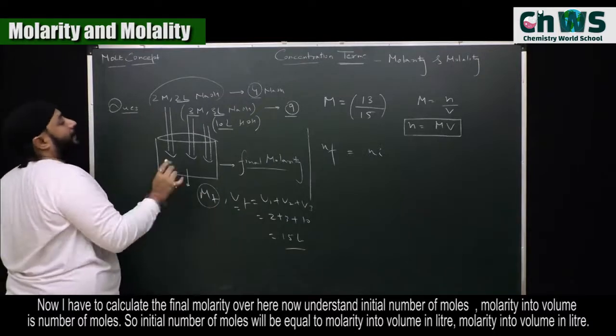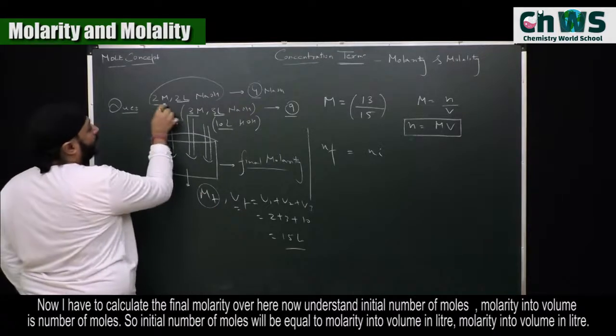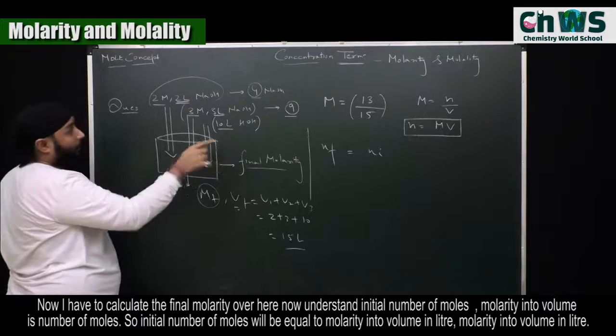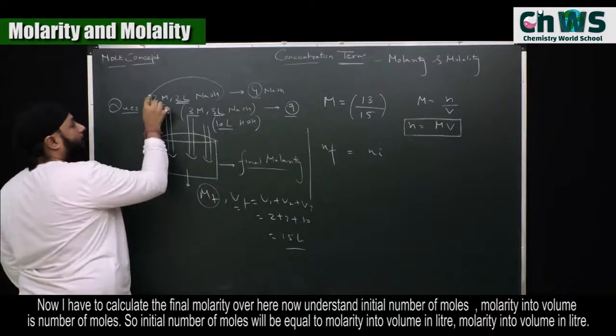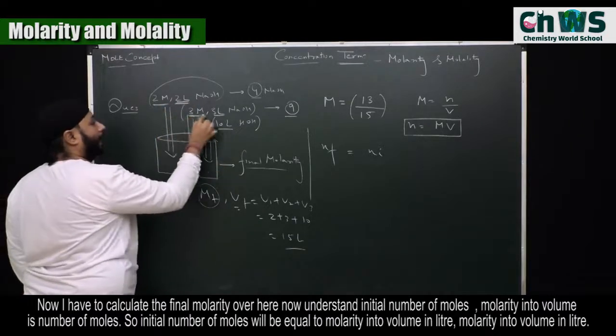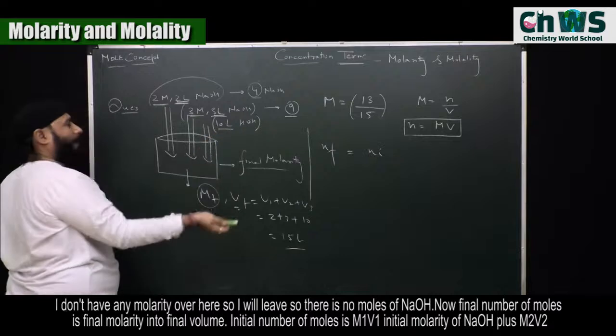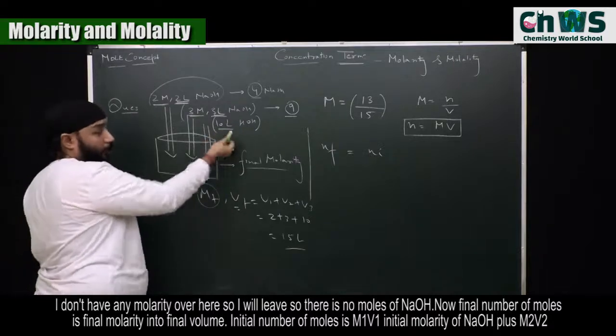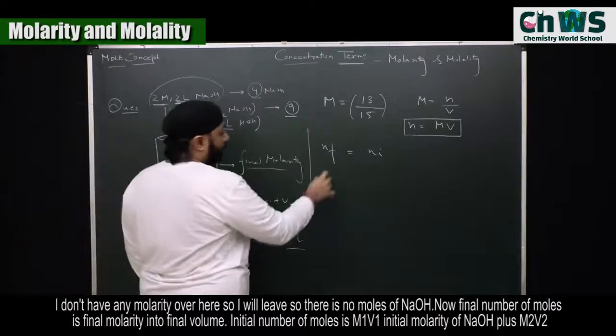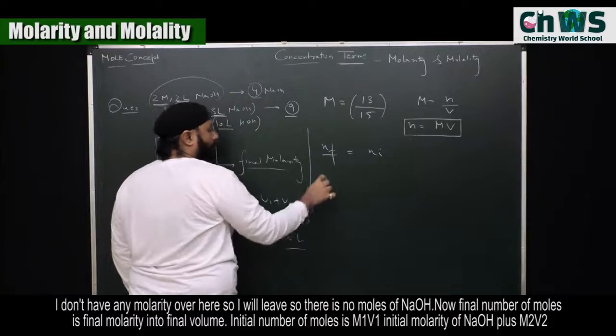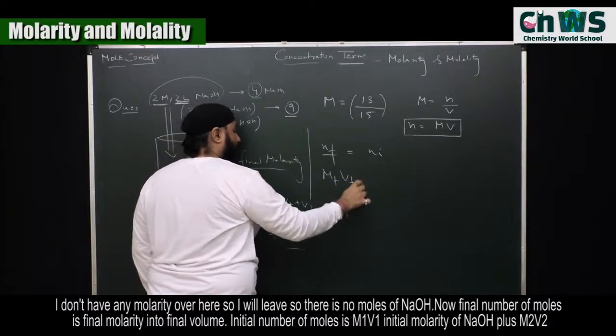Now understand initial number of moles. Molarity into volume in liters is number of moles. So initial number of moles will be equal to molarity into volume in liters. I don't have any molarity for the water, so I'll leave that, as there is no NaOH. Now listen. Final number of moles is final molarity into final volume.